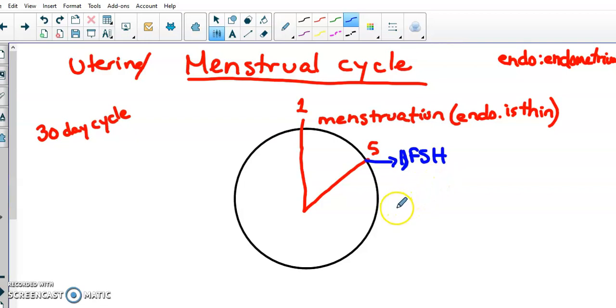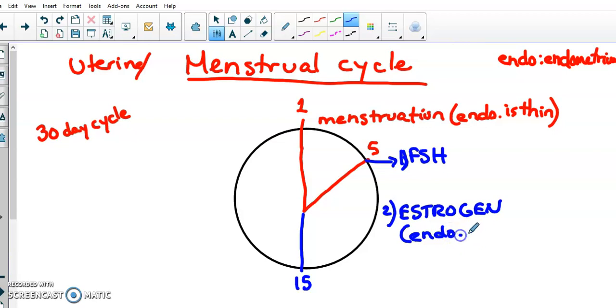And the eggs now, the follicles that are there are getting more and more developed, all the way till halfway in the cycle, so on the 15th day. So from this point on, we have estrogen here, in this part. And the lining, the endometrium, is slowly increasing in size.